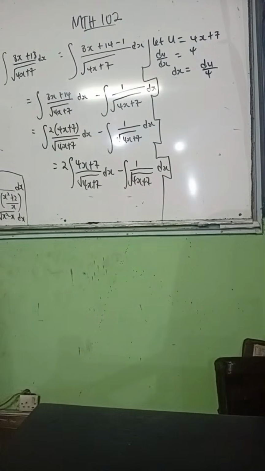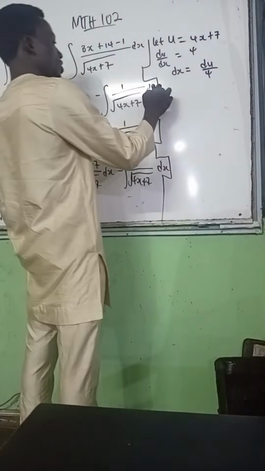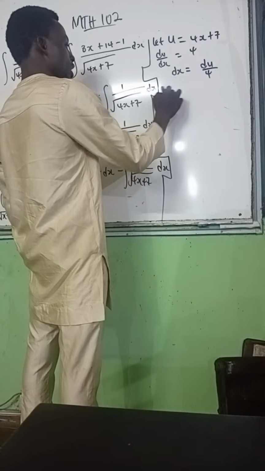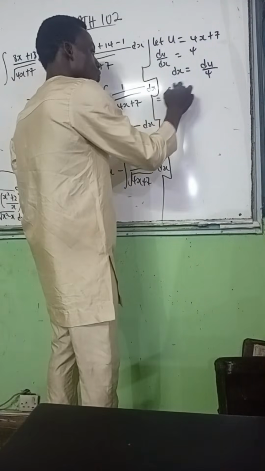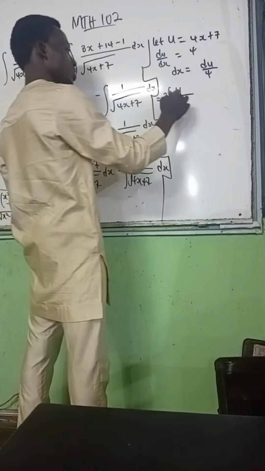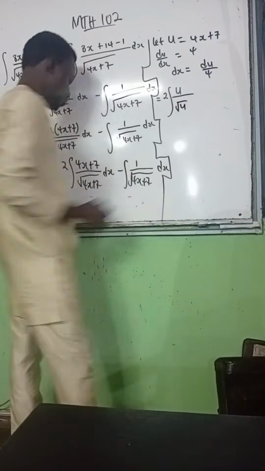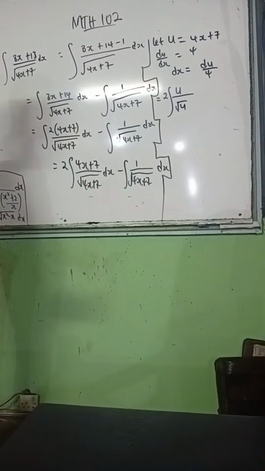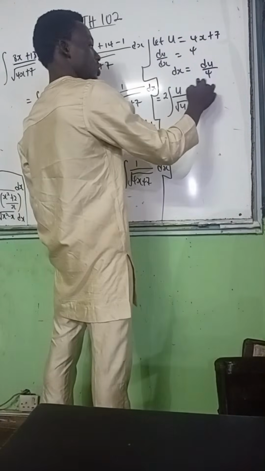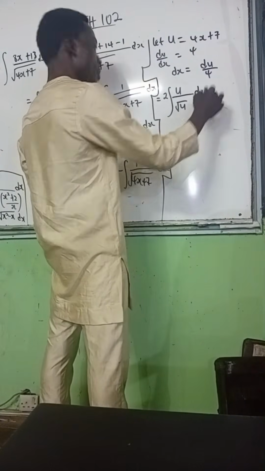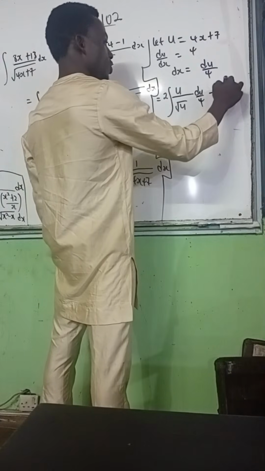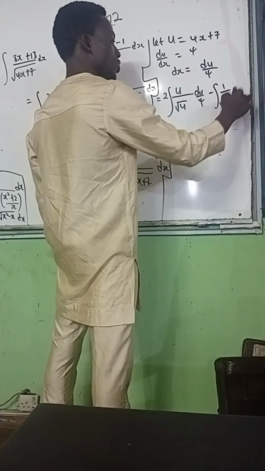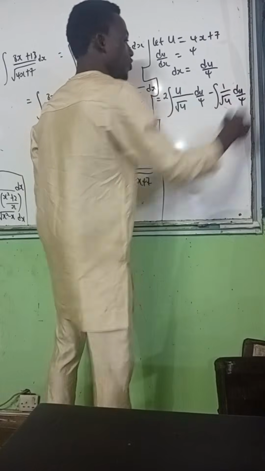So now let's substitute. This question now becomes 2 integral of u divided by root u, and our dx is du over 4, minus integral of 1 over root u du over 4.